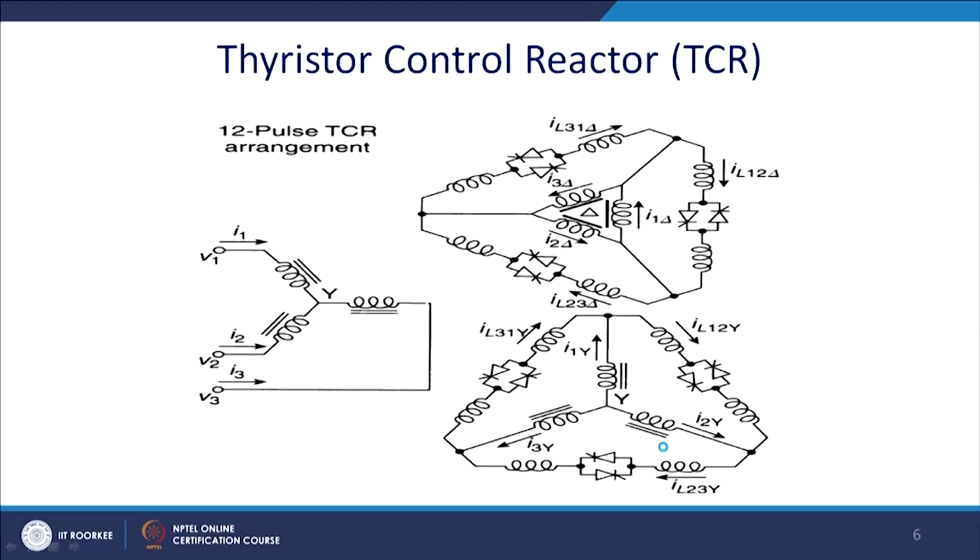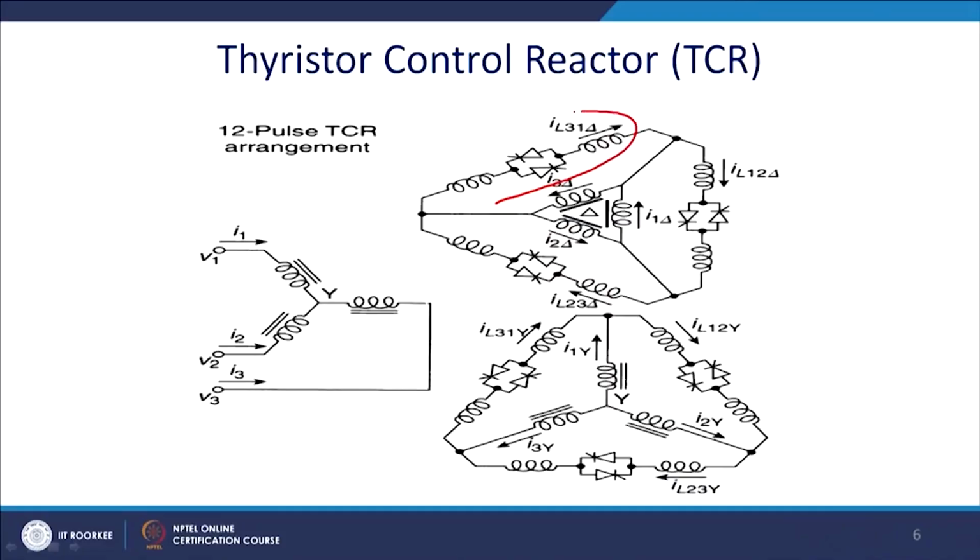So, this is the example of the 12 pulse TCR, and it will be an assignment for the online students to draw the circuit for the 24 pulse TCR. So, essentially the upper part is the same and you will have an internal delta and you will have an internal star.